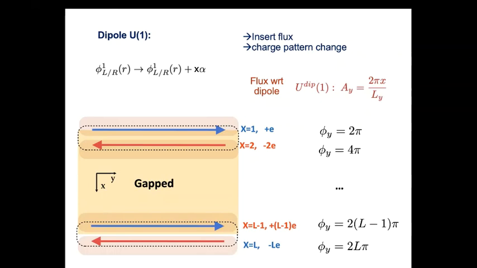And for the right moving mode, a 4 pi flux would annihilate minus 2 E charge, and so forth. For the other boundary, if we have a left moving chiral boson, creating a 2 pi times L flux would annihilate minus E times L bosons of charge.